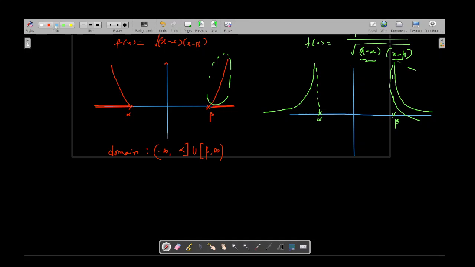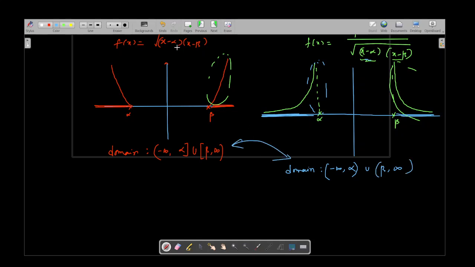Whereas here, the domain is again minus infinity to alpha union beta to infinity, but you cannot allow alpha inside the domain, because when you put x is equal to alpha, the denominator becomes 0. So we cannot include alpha as well as beta. That is the difference between these two.